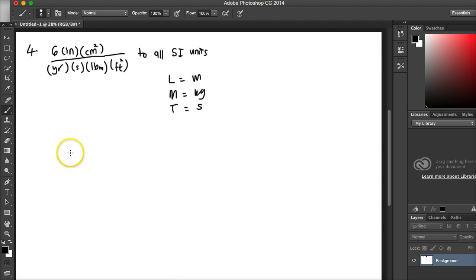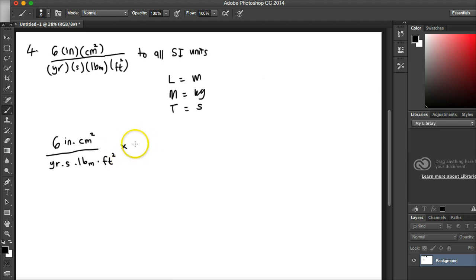So let's convert length to meters. So we have 6 inches cm square over year second pound and foot square. So we need to convert the length first.